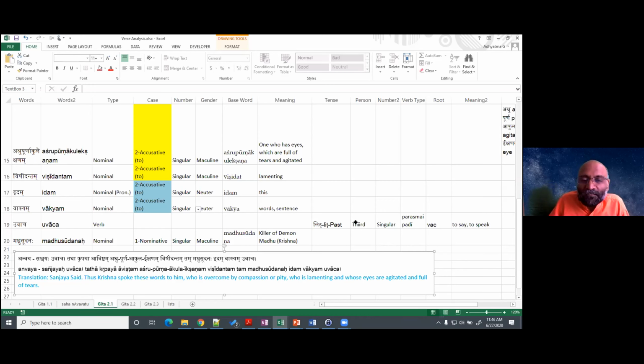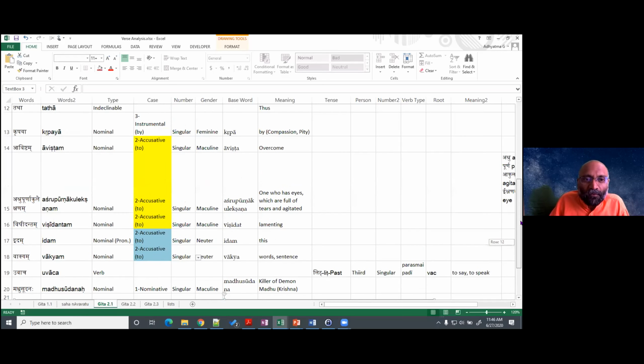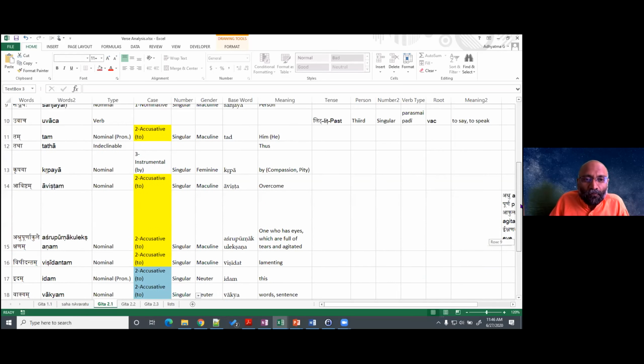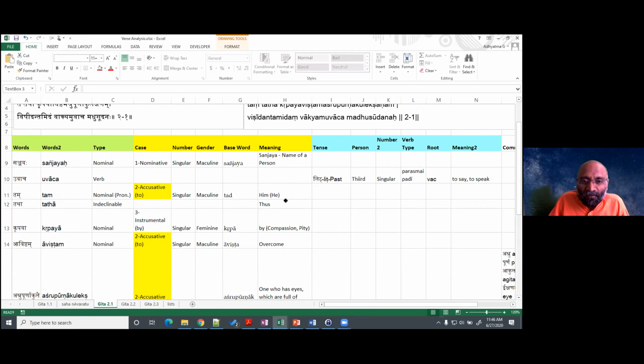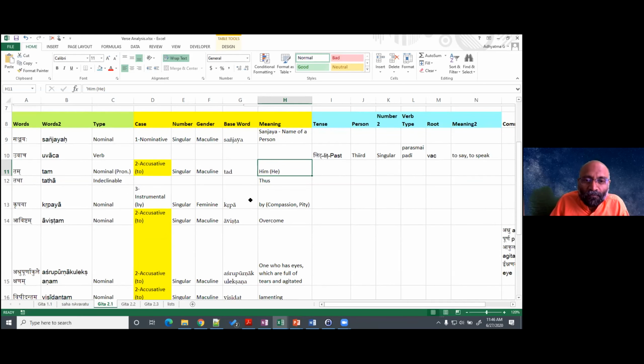So then the second chapter of the Gita starts, where Sanjay is saying that thus Lord Krishna spoke to him. So "him" is actually referring to the previous chapter's description. Because the story is going on from the previous chapter, he is referring to him instead of giving the name of Arjuna here.